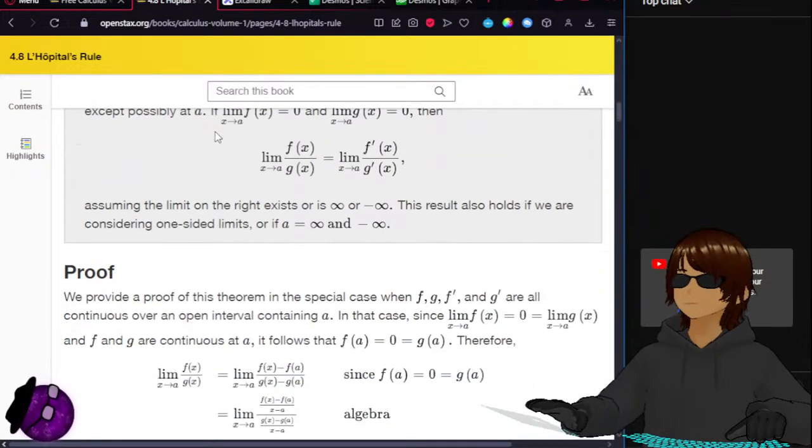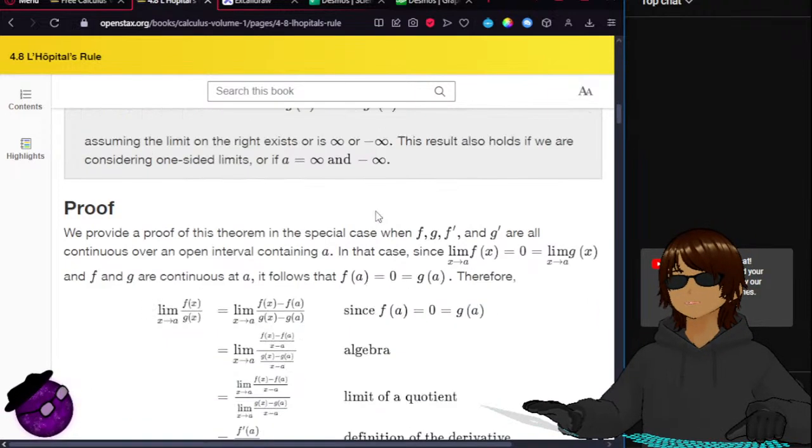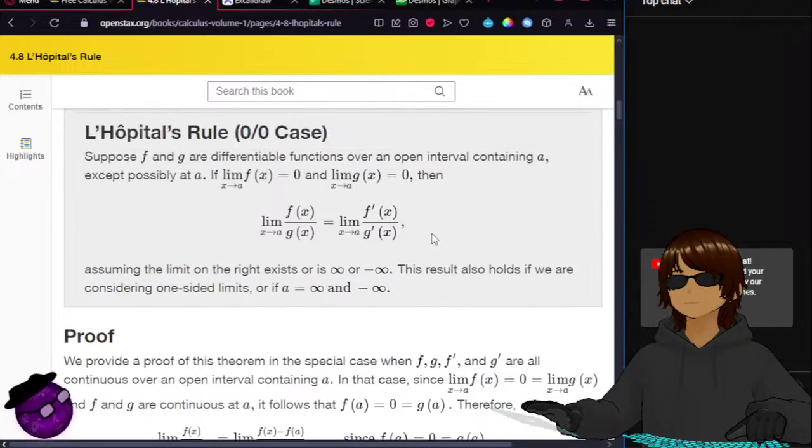So for the 0 over 0 case, if you want to find this limit, you can find the derivative, assuming that the limit on the right exists or is infinity or negative infinity.